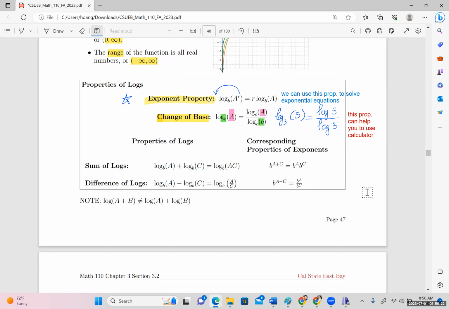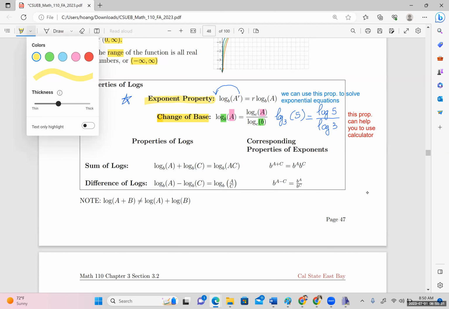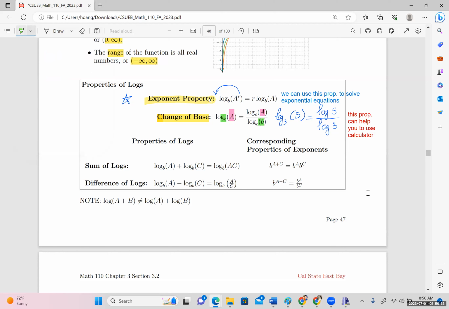Okay, some other properties of logs that we also need, such as the sum of logs. If you have an addition between some logs with the same base b, keep in mind that we have the same base in this case, okay?